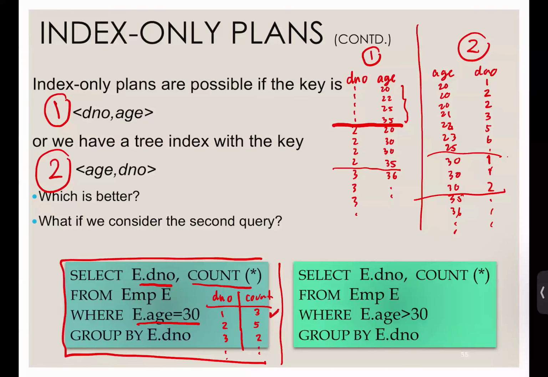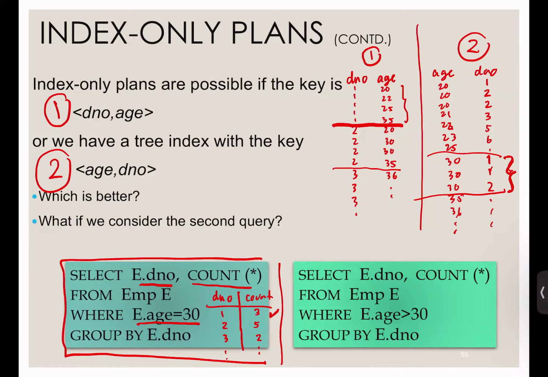And then for those people whose age is 30, it's listed based on DNO. Which one would be better? 2. 2 is better because these are the only data that are involved in my answer. And that's it. No extra ones, right? Because everybody in age 30, I have to count according to their DNOs.